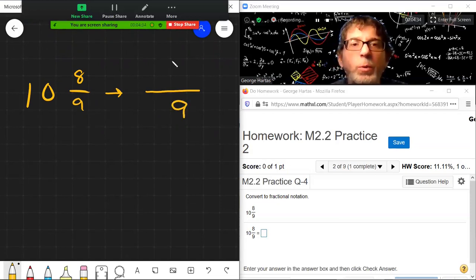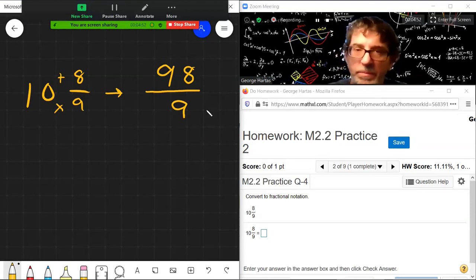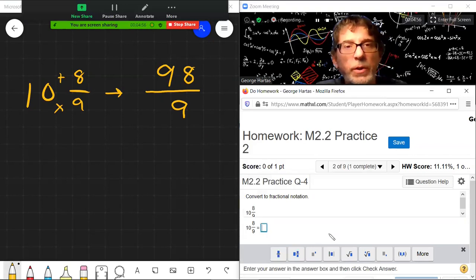We just don't know what this is yet, but we're about to find out. 10 times 9 is 90. 90 plus 8 is 98. That's what goes there. 98 over 9 is the result. Okay, so that's the improper fraction.